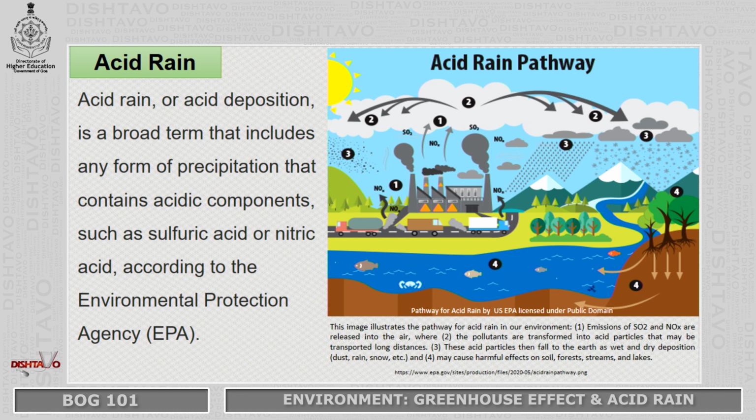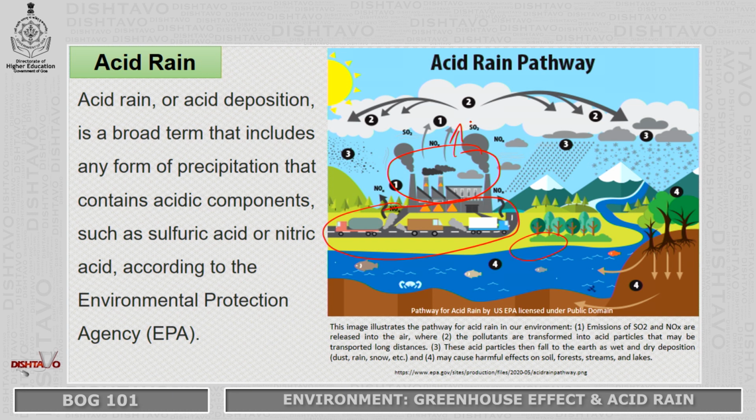The process that we can see from our industries over here, and from our transport sector, and also other activities, maybe our agricultural activities, where there is release of greenhouse gases and pollutants, these pollutants will go up in the atmosphere, and once they go up, they will be transformed into acidic particles, especially when they mix with the droplets of water.